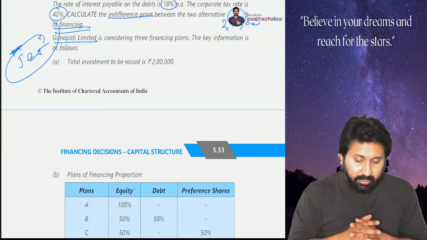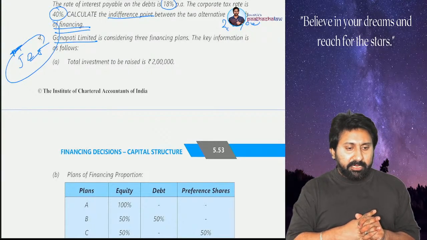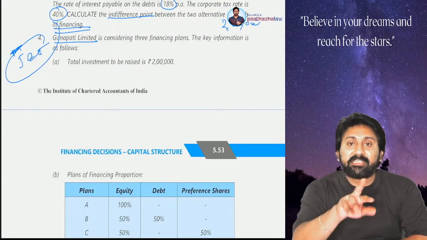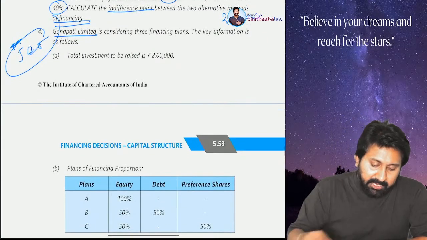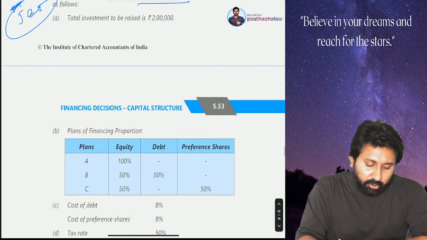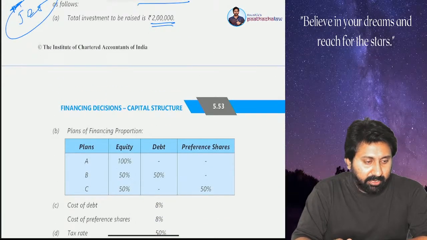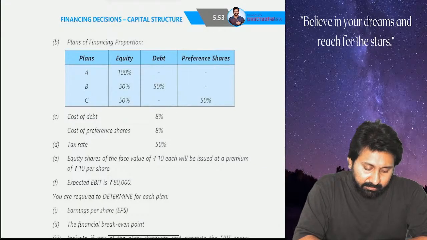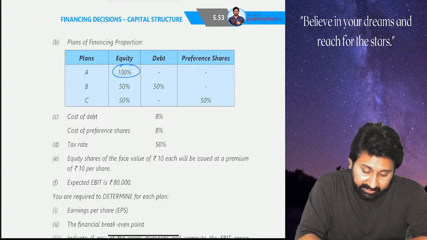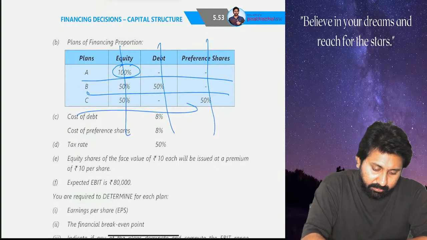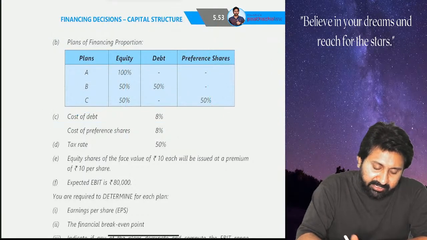Okay. Let us understand the importance of this question. This question has one uniqueness, which I will tell you once we read. Ganapati Limited is considering 3 financing plans. Key information is as follows. Total investment 2 lakh. Plans of financing: you should read the data horizontally.